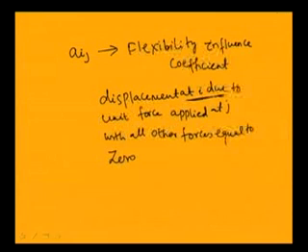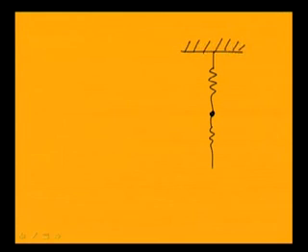We can take a simple example of a spring. Let us take two springs. This is one spring and this is the point where it is connected to another spring. Let us find the influence coefficient of this system. Let K1 be the stiffness of the first spring and K2 the stiffness of the second spring. The influence coefficient A11 is the displacement at 1 due to a unit force applied at 1 when the other forces are 0.